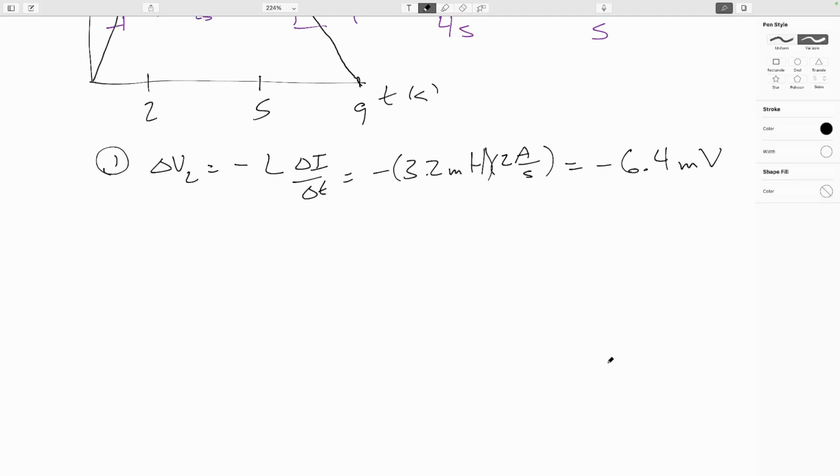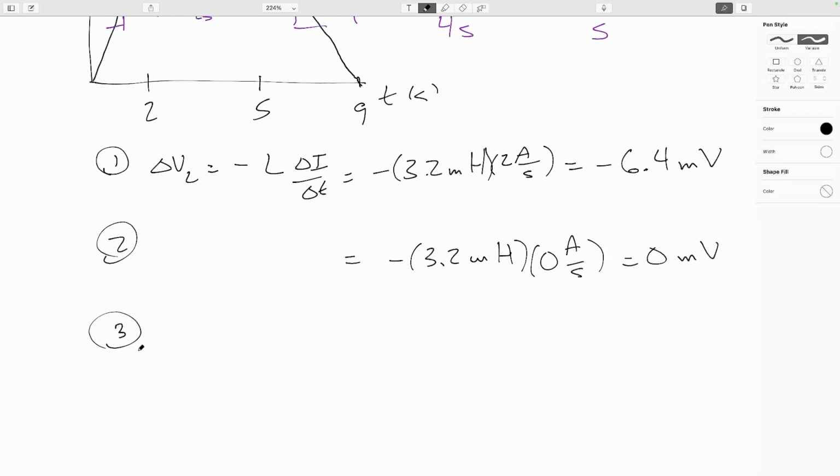Now, by the same token, in segment 2, that would be minus 3.2 millihenries times 0 amps per second, so 0 millivolts. And in segment 3, there'll be minus 3.2 millihenries times negative 1 amp per second.